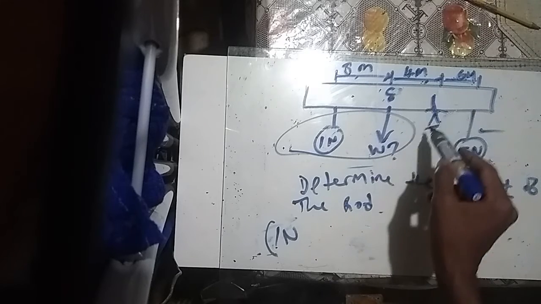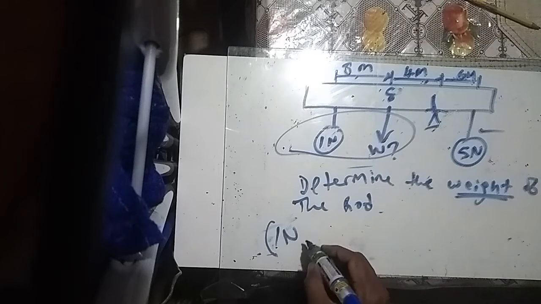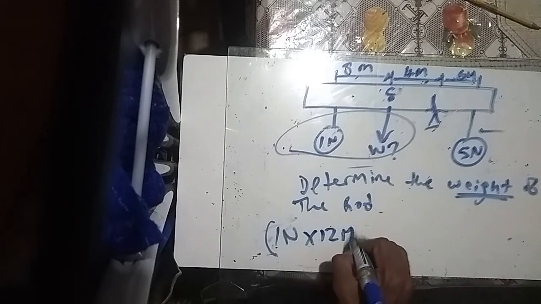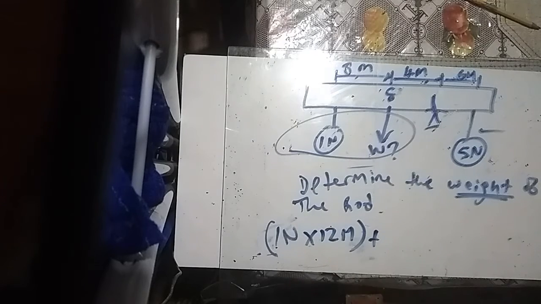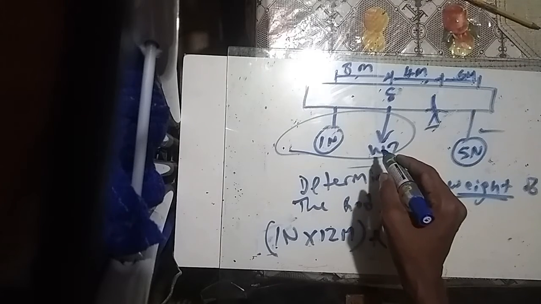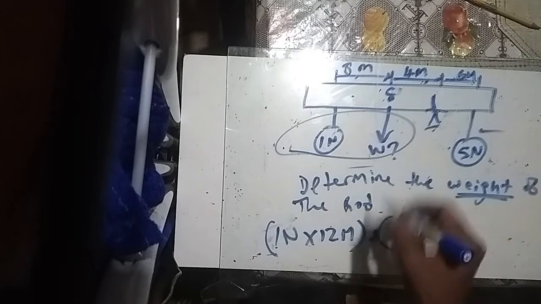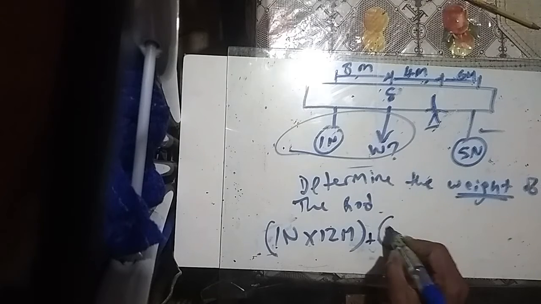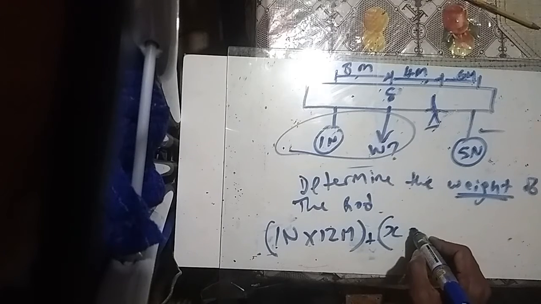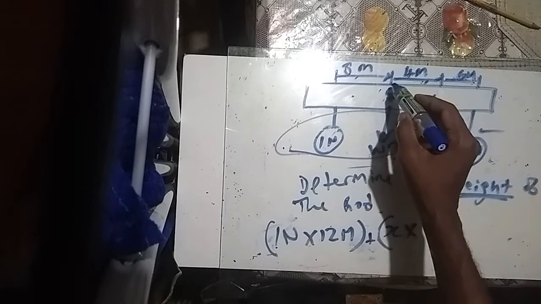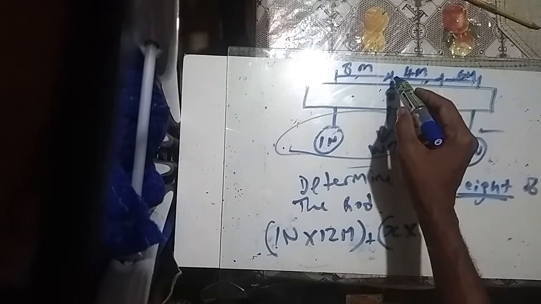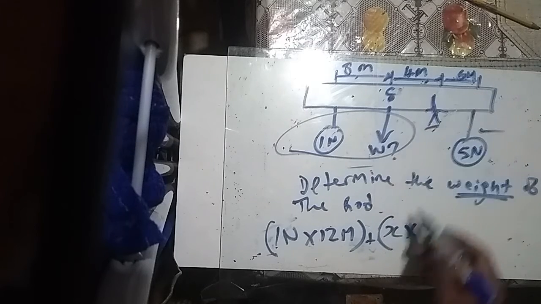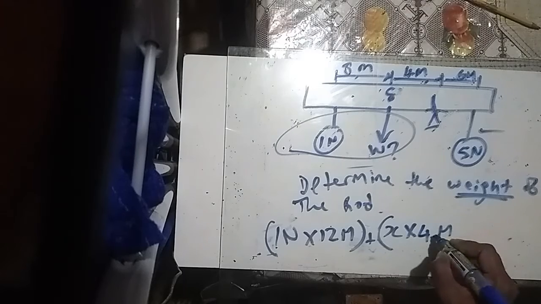That's why they told you that. So that's 1 Newton times 12 meters, plus, let's use x to represent the unknown weight, the unknown force we're trying to find. So x times 4 meters, since the weight acting at the center of gravity is 4 meters away from the pivot.